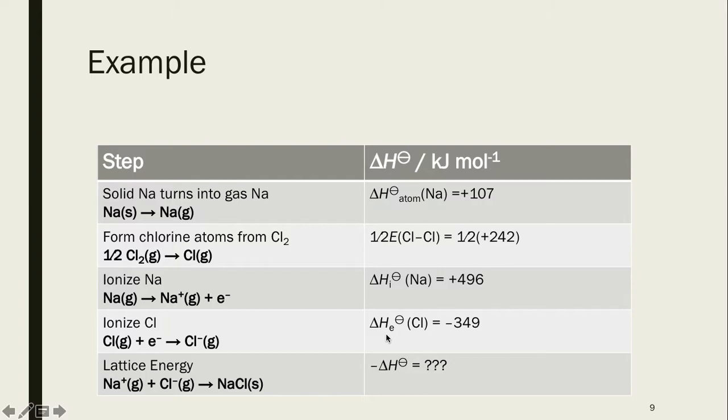These were two equations that we looked at on one of the previous slides. So up until this point, we now have our two ions, sodium and chloride, and then we can bring them together to form our solid ionic compound, and this is going to be our lattice energy or lattice enthalpy. This is the unknown. This is what we are looking for.